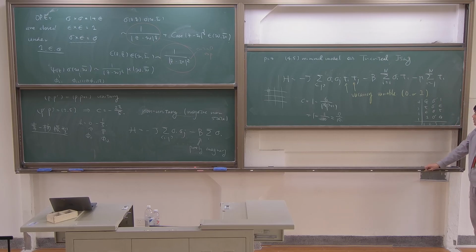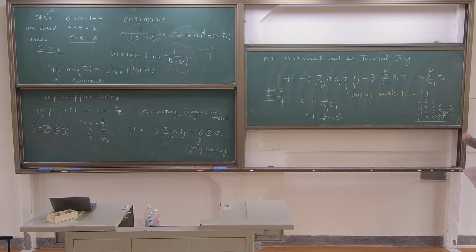The important thing is that this guy is a spin 3/2 operator. And sigma, epsilon, and T are as before: the spin operator, the energy density operator, T is the vacancy operator, and so on.